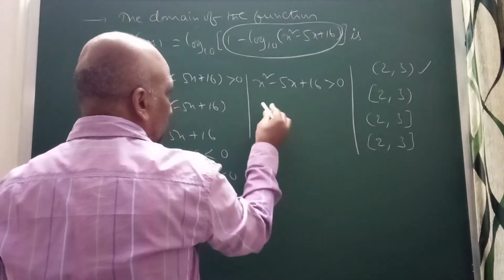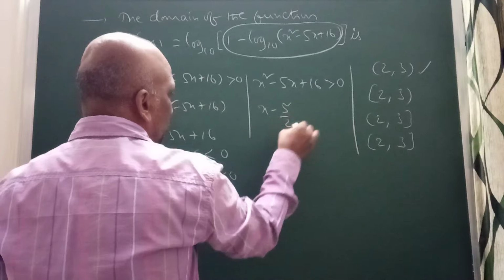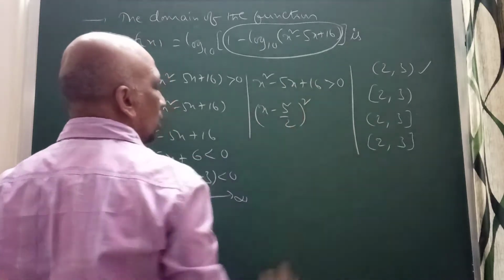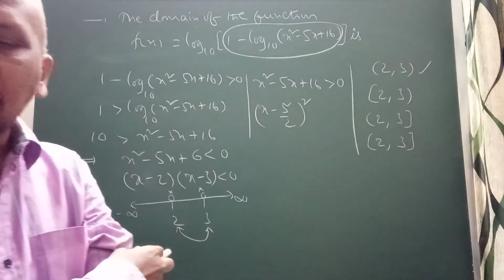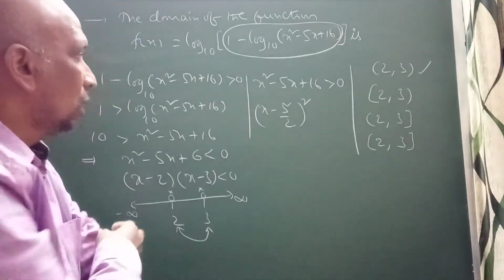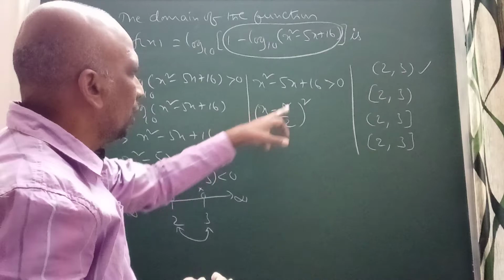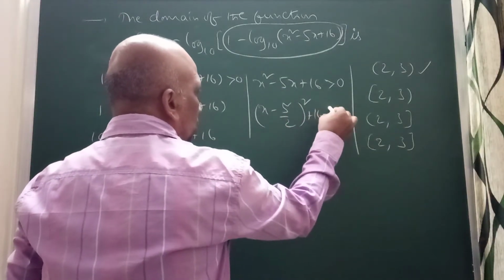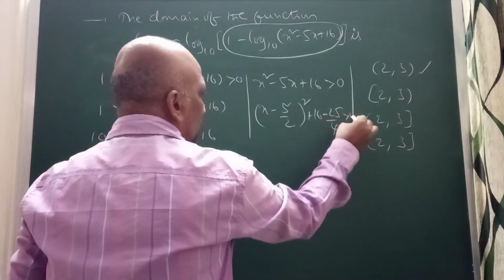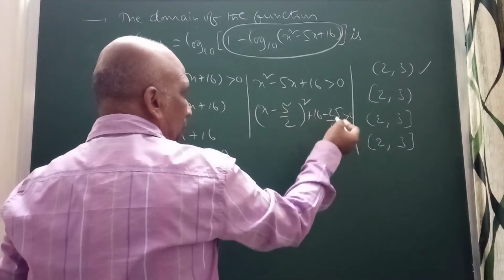I can make it a perfect square. x minus 5 by 2 whole square. Correct? I will get (x minus 5/2) whole square. You will get x square minus 2ab, so I can write plus 16 minus 25 by 4, because I have taken plus b square minus b square.